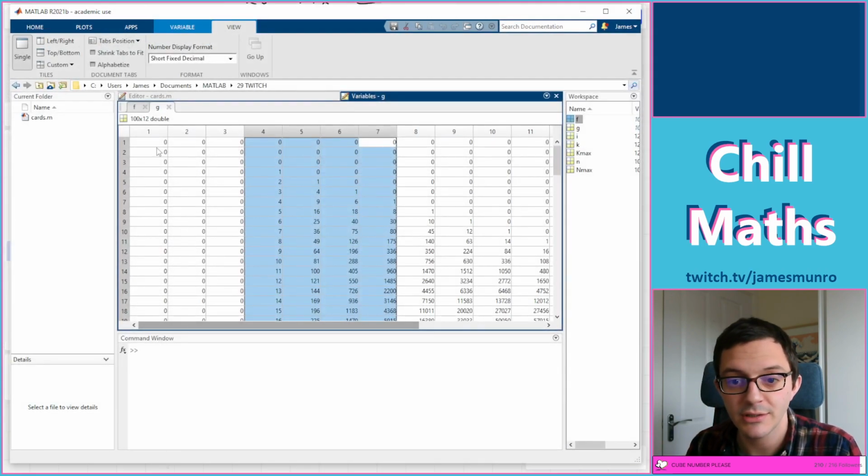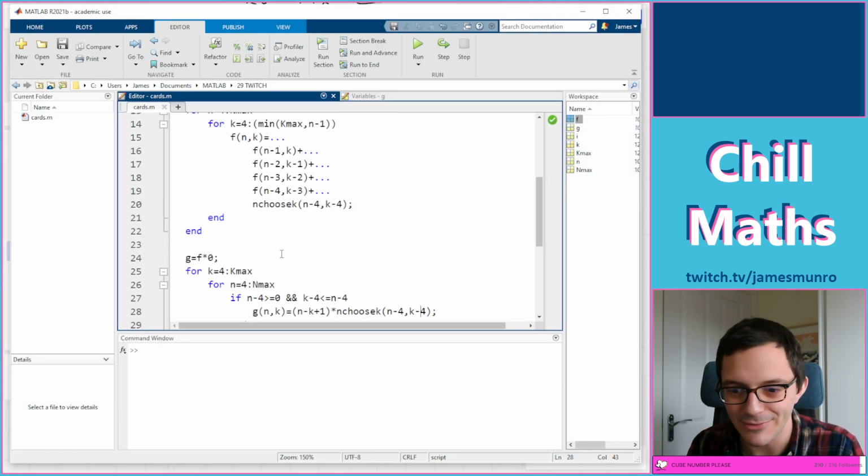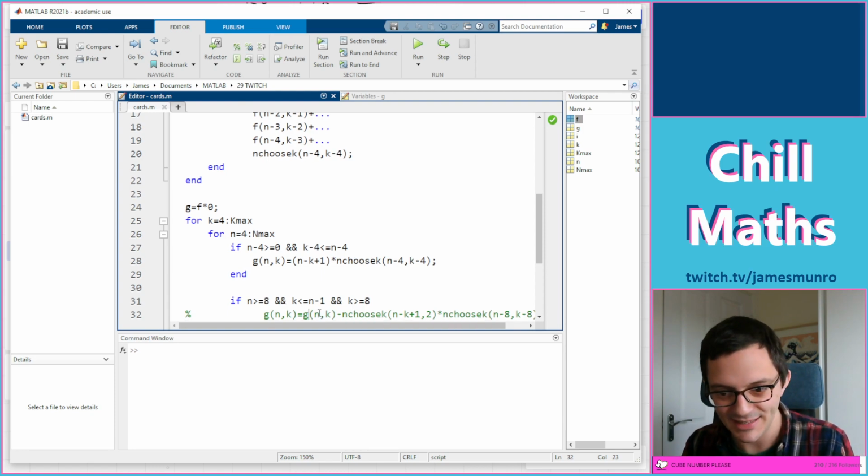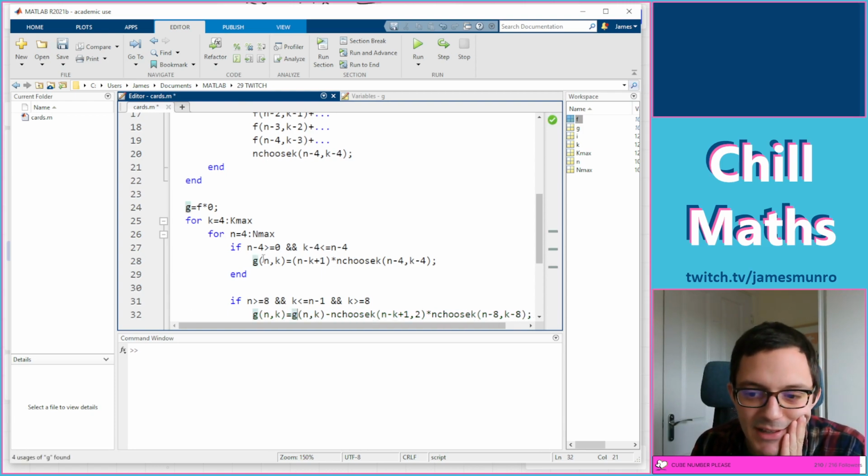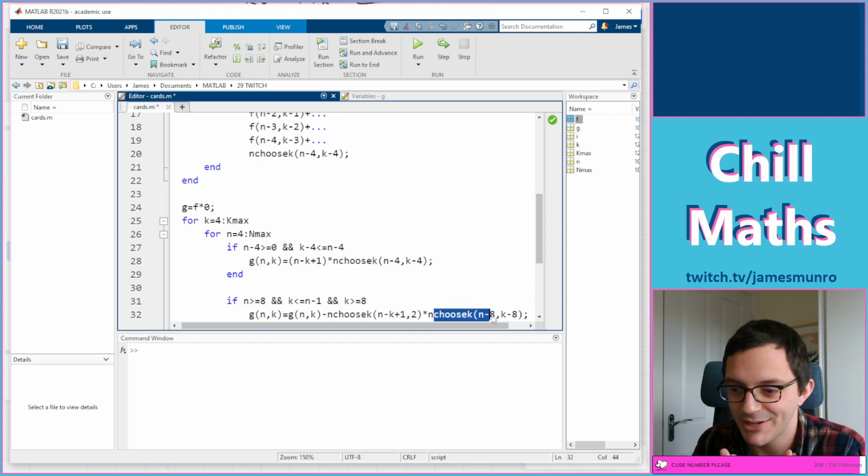Let's have a look. So I've typed this in already, so I'm going to uncomment this. My code here says something like, if n is large enough, and if k, crucially, is larger than 8, then subtract off. Subtracting because we double counted. Subtract off this much times that much.